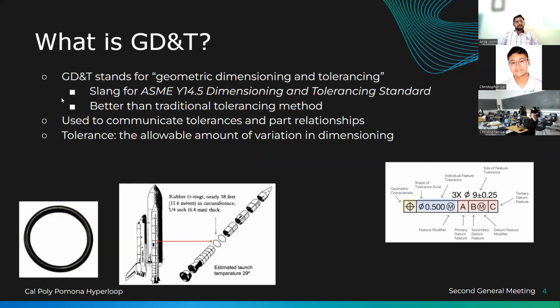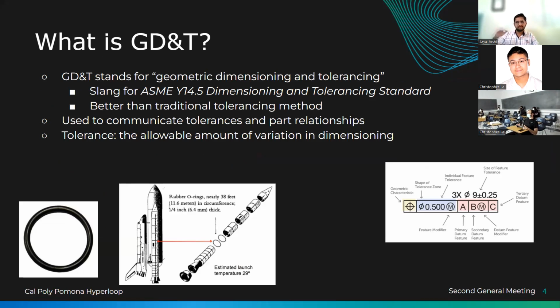GD&T. Okay, so GD&T basically stands for geometric dimensioning and tolerancing. And it's actually a slang term. I know a lot of industry professionals use it, but it's actually a slang term for the ASME Y14.5 dimensioning and tolerancing standard.